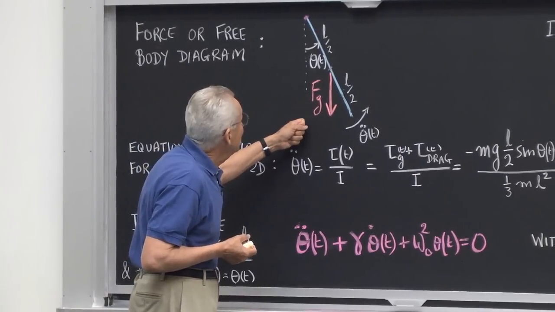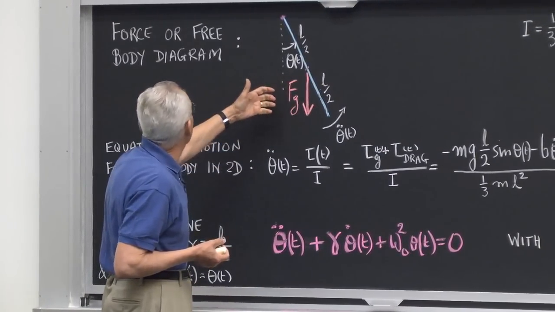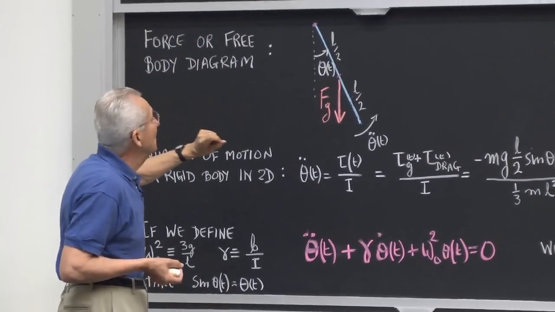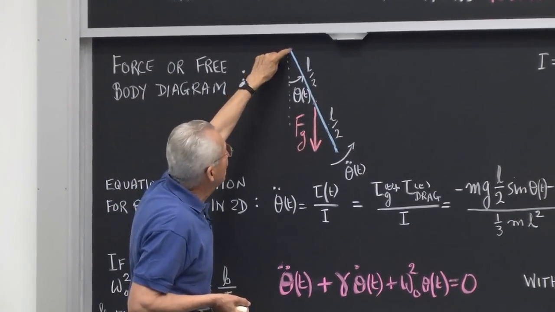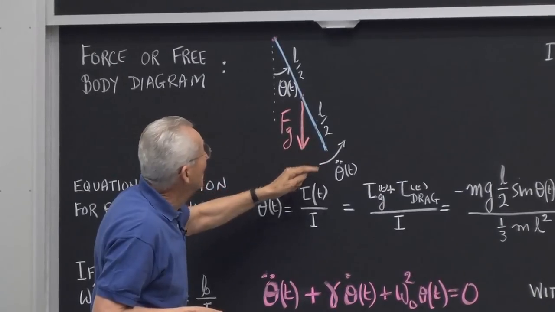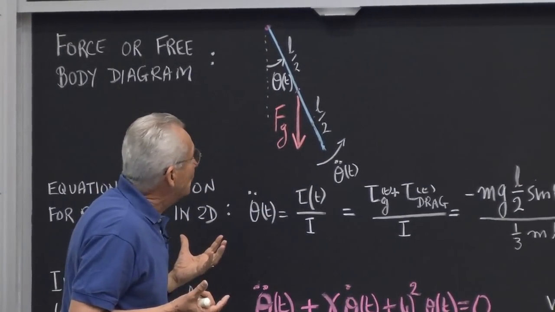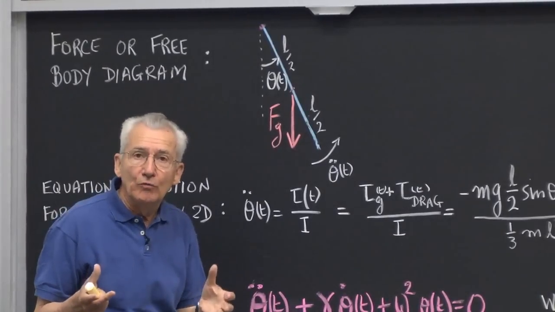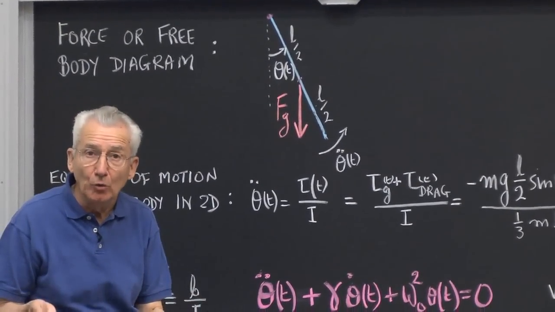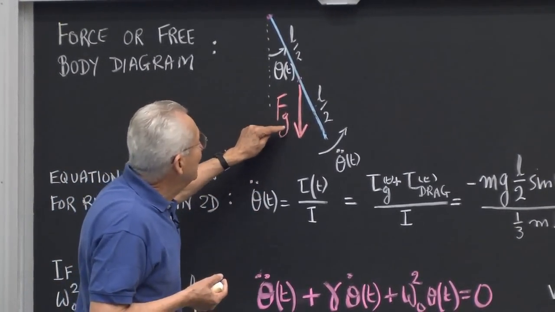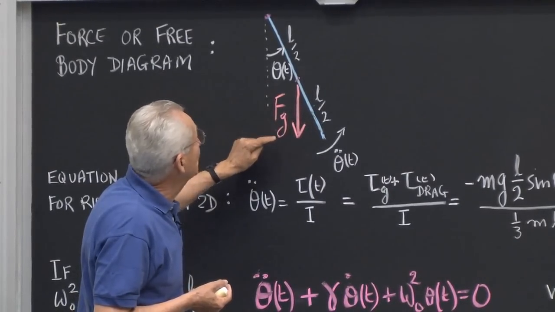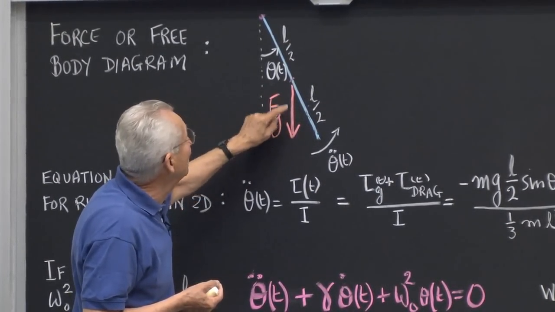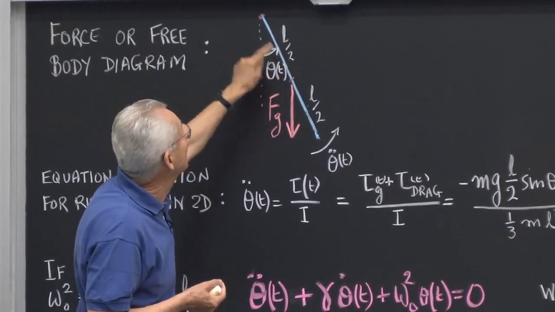So, here is the free body diagram, or the force diagram, which corresponds to this. Here is the pivot, and this represents the rod. What forces act on this rod? Well, there's going to be the force of gravity, and you know from the studies of rigid body motion that we can understand what torque this force exerts by considering that the force of gravity acts at the center of mass of this rod.